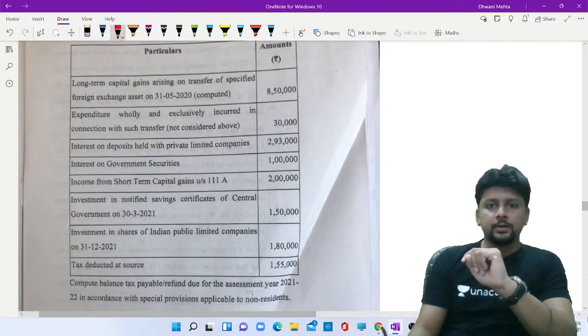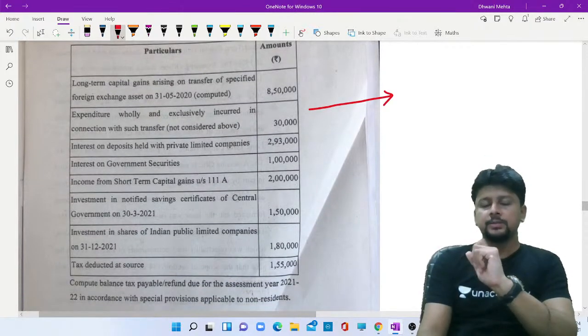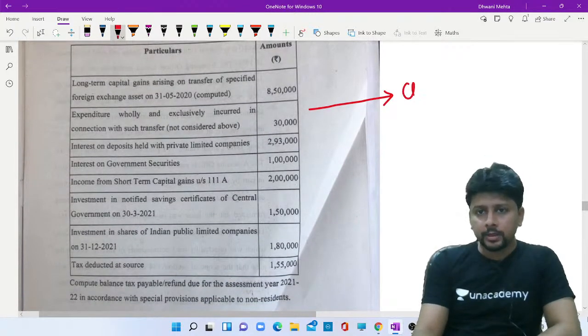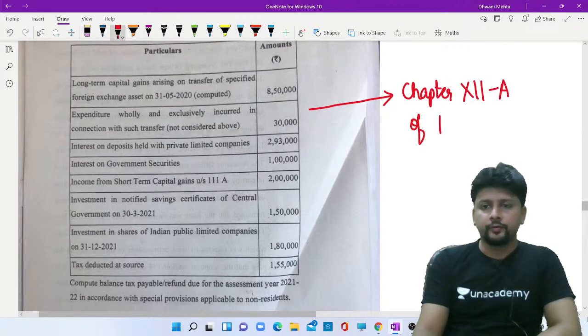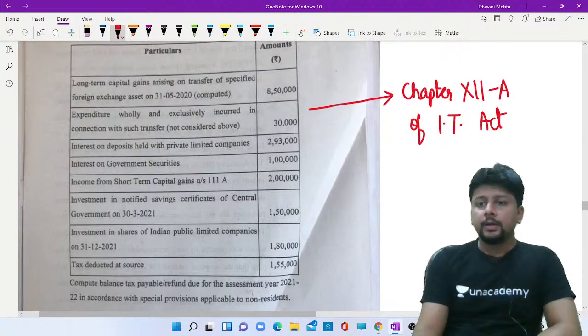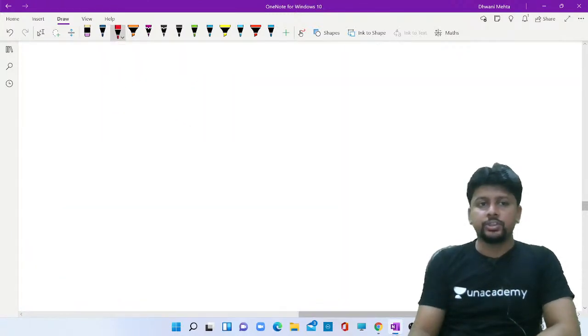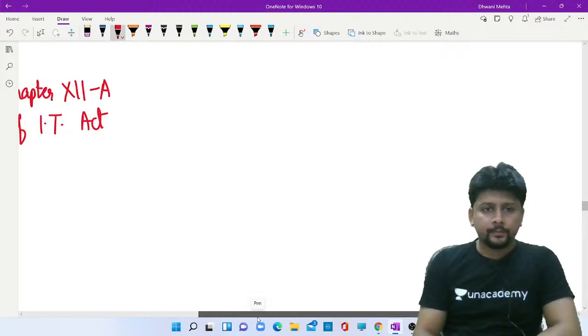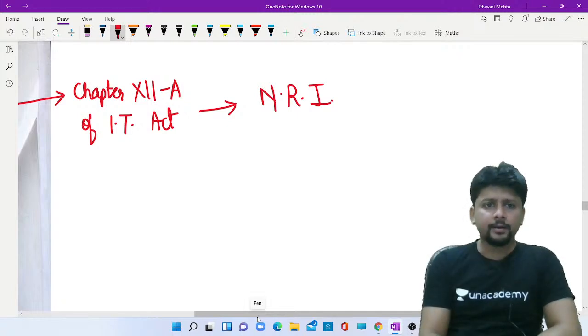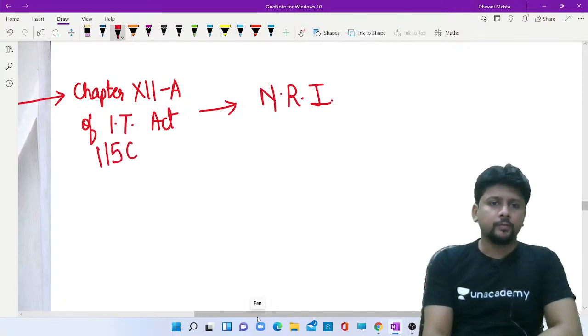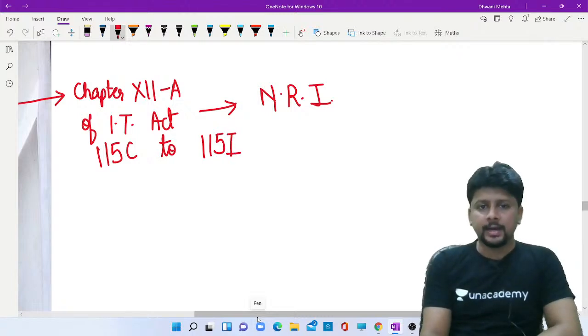November 2018 onwards, they have been asking this particular provision, chapter 12A of the Income Tax Act, chapter 12A of the Income Tax Act, which talks of a non-resident individual, NRI, where you have section numbers from 115C to 115I.